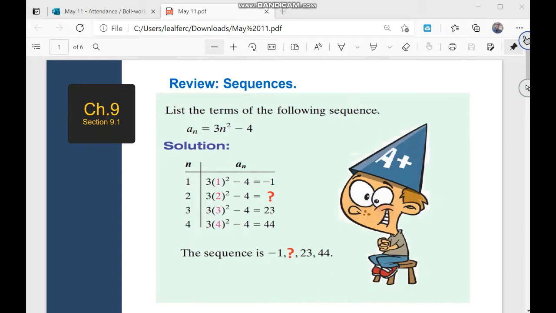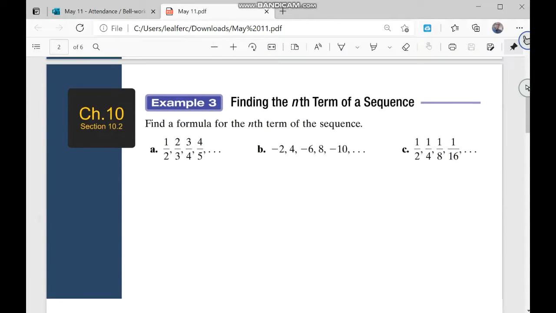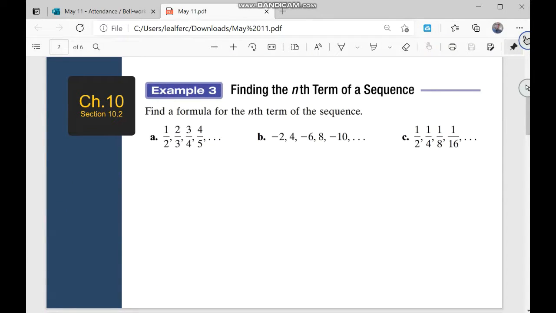Nice. Now that I am confident you know how to calculate the term of a sequence, given the order of the term, given n, let's move on. Because today we will find the next term of different sequences.